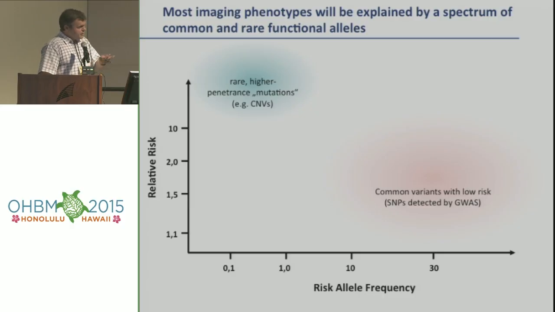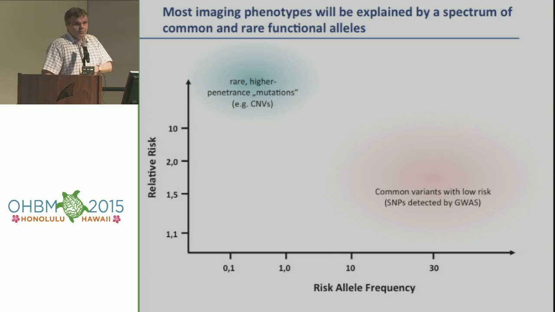So the last class of variation that I would like to touch on is the rare variation. What people have been doing in the past few years mainly is looking at common SNPs, and looking for association of these common variants with brain imaging phenotypes or diseases.